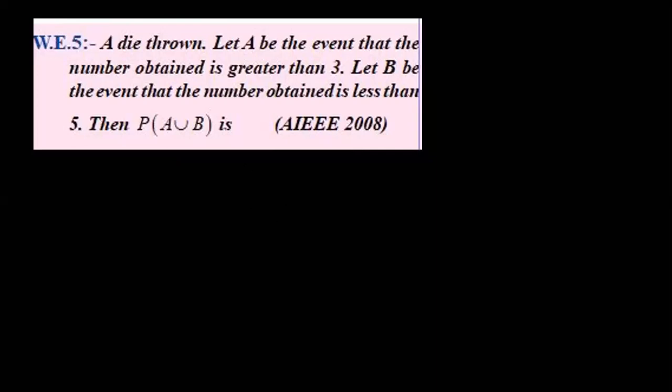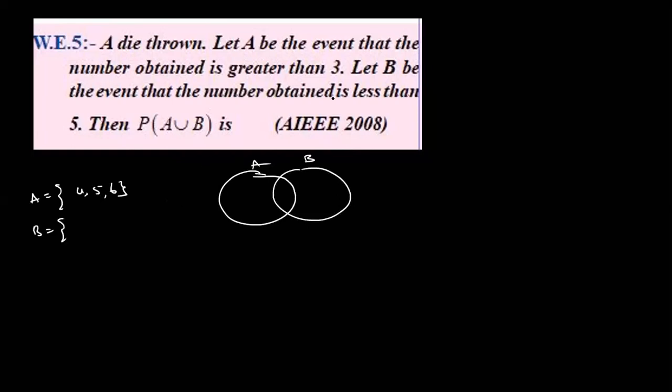Shall I explain? Listen. First, what are the event elements? Greater than 3 means what? 4, 5, 6. Less than 5 means what? 1, 2, 3, 4. That means the common element is 4.